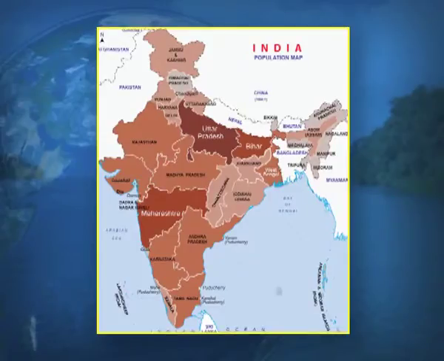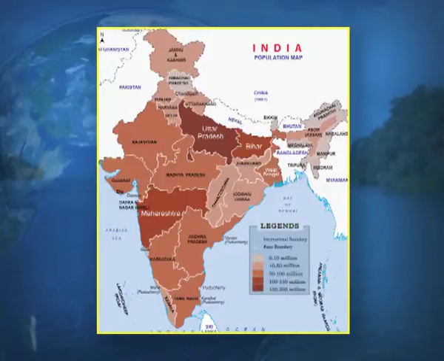Here is a political map of India showing the population distribution in the different states. It is a choropleth method used in this map, showing the various colors indicating the population rise in the different states. So, you can see the darkest color in Uttar Pradesh, because I have just now told you that UP is the state with the maximum population in India.